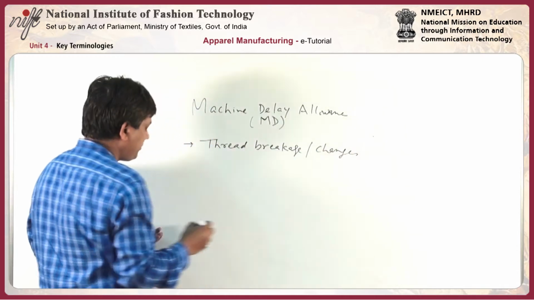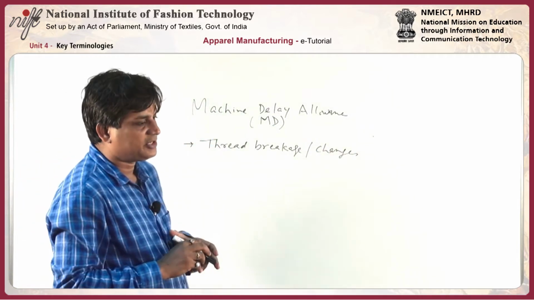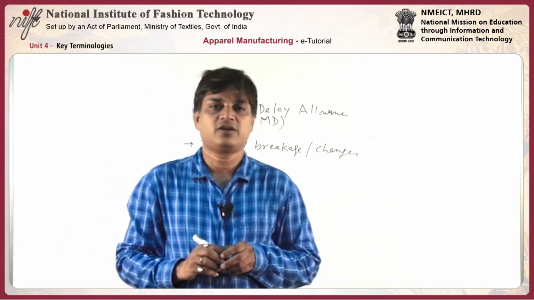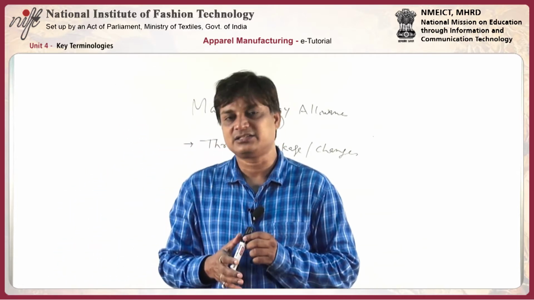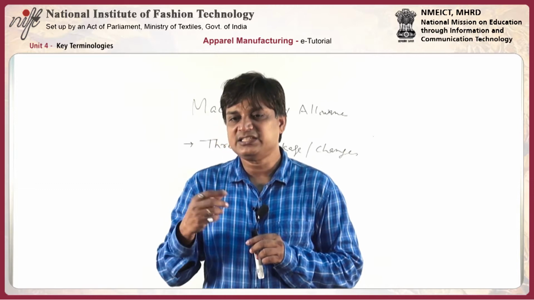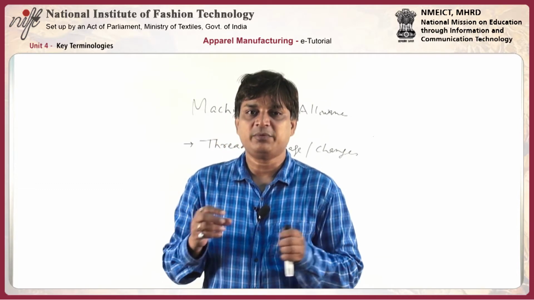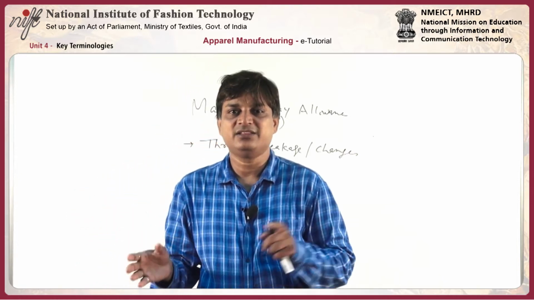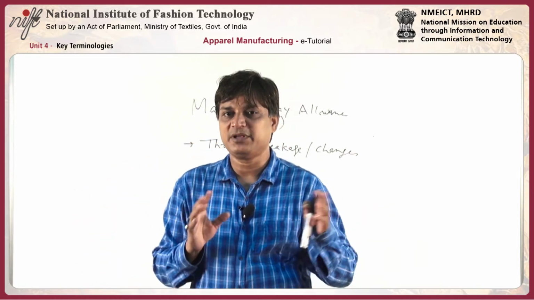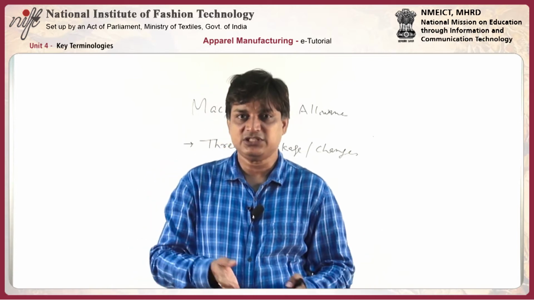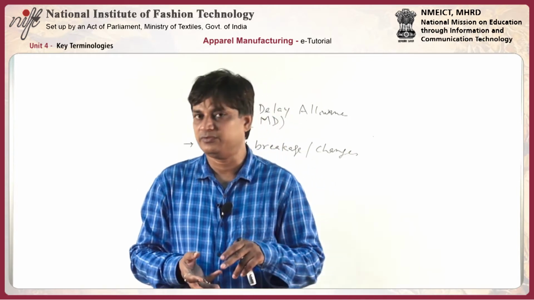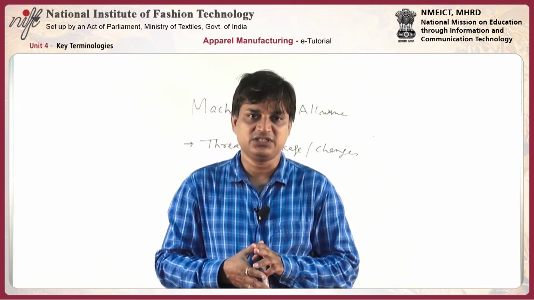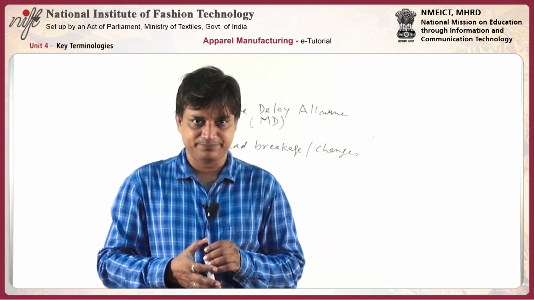The major operations are done on the most common machine, the single lock stitch machine, where the bobbin and needle threads are there. So bobbin changes have to be done in the lock stitch machine, and thread changes normally happen in lock stitch as well as other machines, whether we talk about the overlock, flat lock, or buttonhole. Almost all the machines have thread changes.